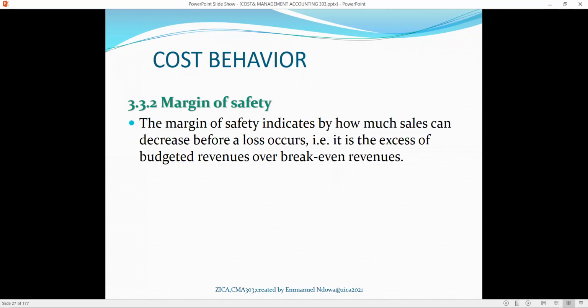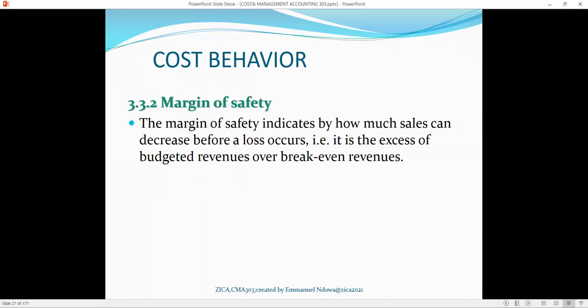You can see that the margin of safety indicates how much sales can decrease before a loss occurs. That is, it is the excess of budgeted revenues over break-even revenues.